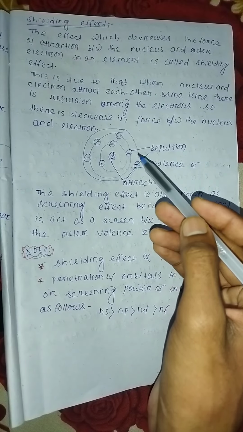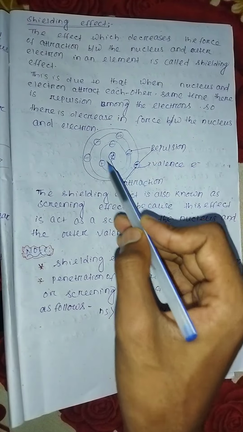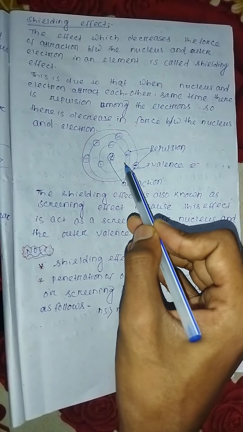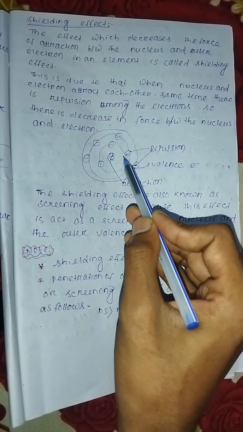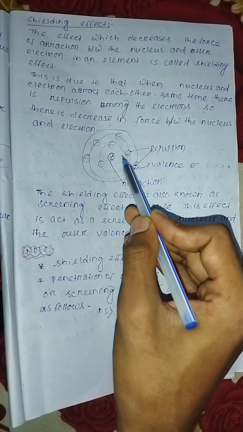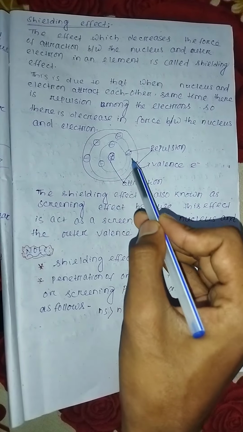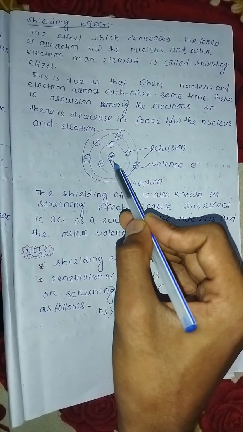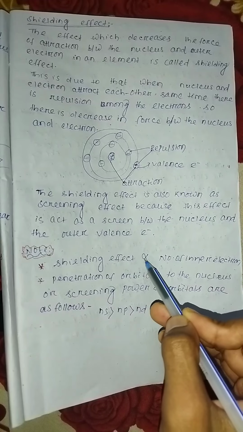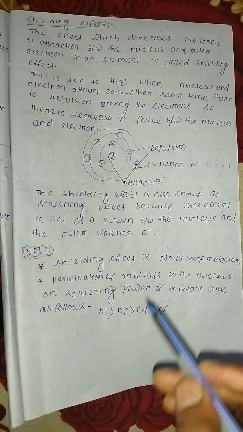This shielding effect depends on the number of innermost electrons, that is, the electrons except the valence electron, because the more inner electrons there are, the more they repel the outer valence electron, so the attraction between the two is minimized. So the more inner electrons, the more shielding effect. Shielding effect is directly proportional to the number of inner electrons.